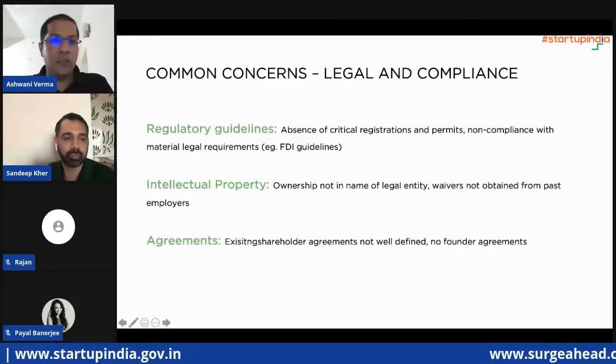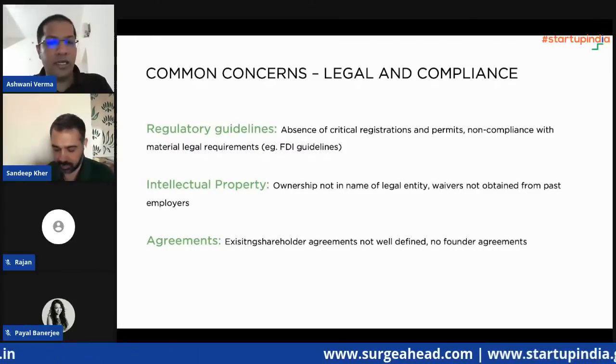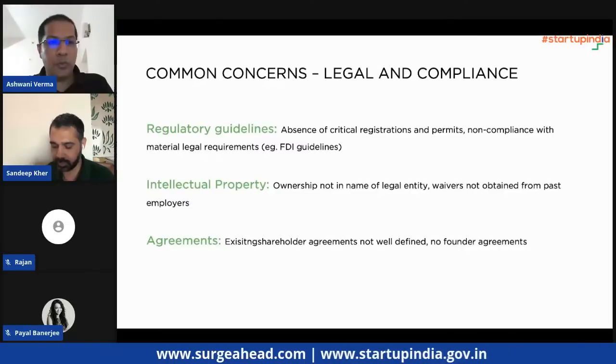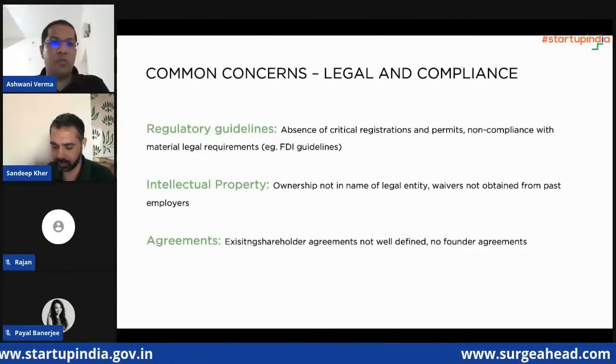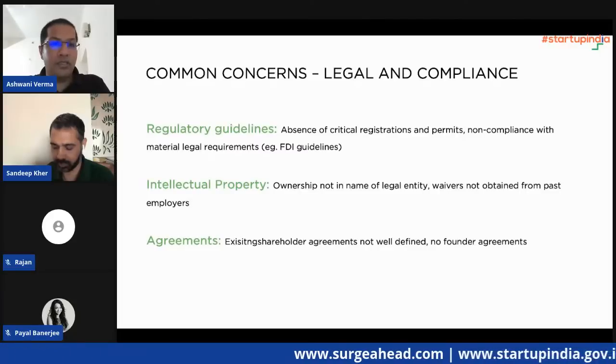So from a legal diligence perspective, it becomes very, very important that before the investment amount is transferred, or the amount is invested in the investee company, all these things are in place.